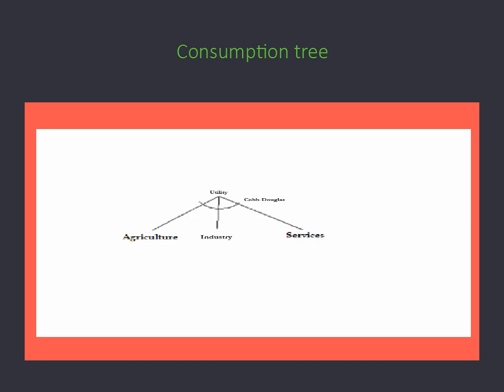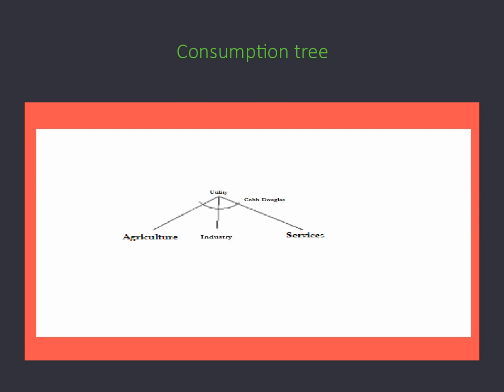Here it's very simple because in fact we have a simple assumption, which is that utility is Cobb-Douglas. So it means that the share of each good in total consumption in value is constant.